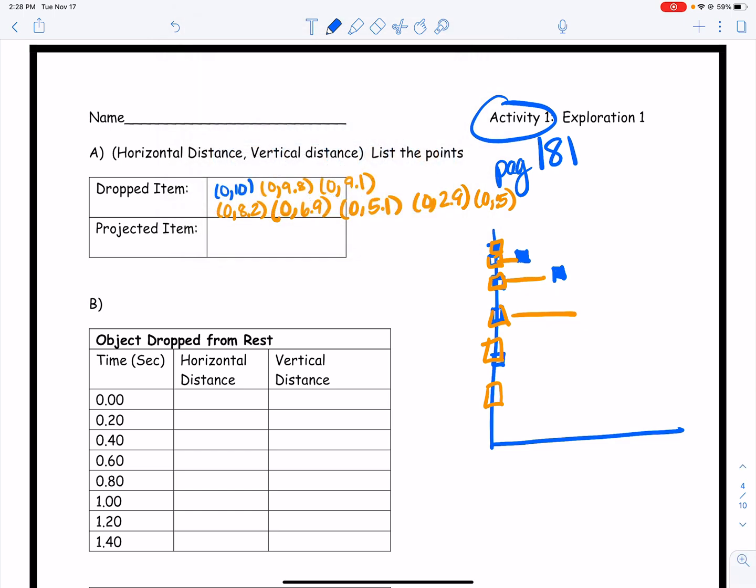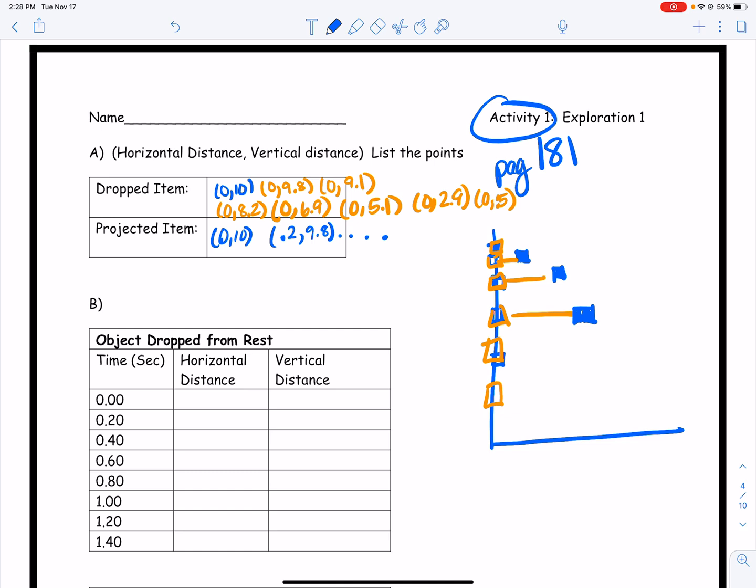So as I go down, these blue filled in ones are at the same levels as the other ones, so my y's are going to be the same, but what's changing is each one of them is going by, it looks to me, like 0.2 as I go down the page, right? 0.2. So my first one's at (0, 10), and then (0.2, 9.8), and so on.